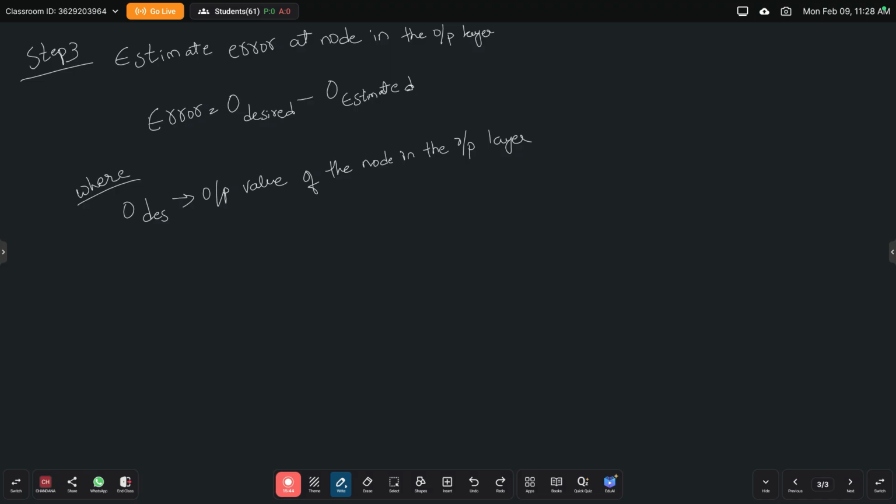Next, O estimated is the estimated output value of the node in the output layer. Okay, this is the third step of forward propagation.